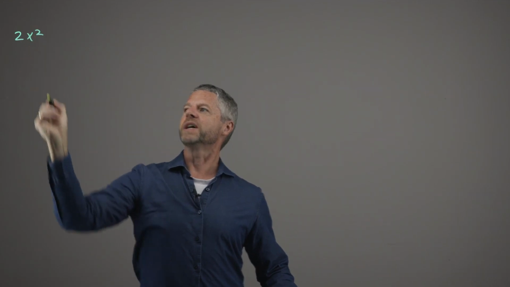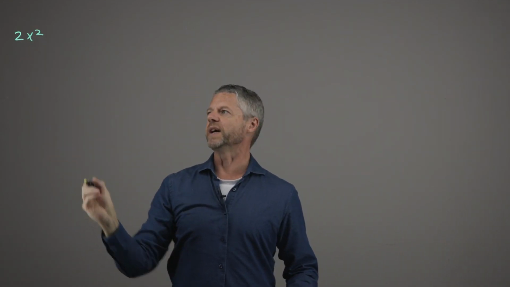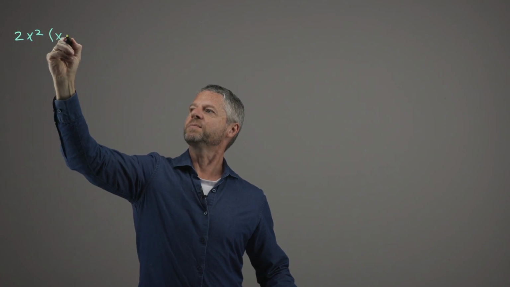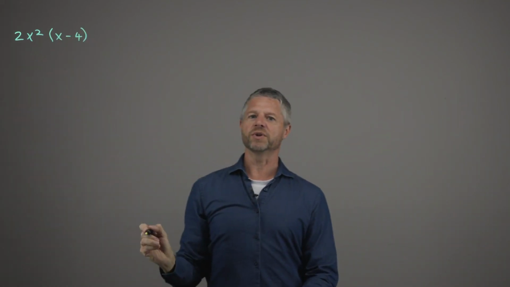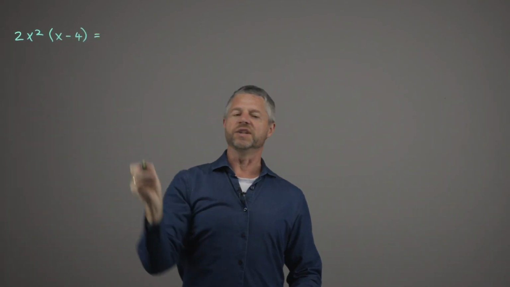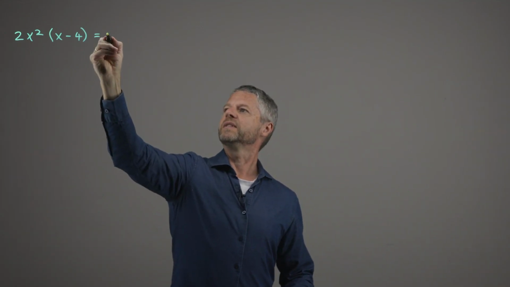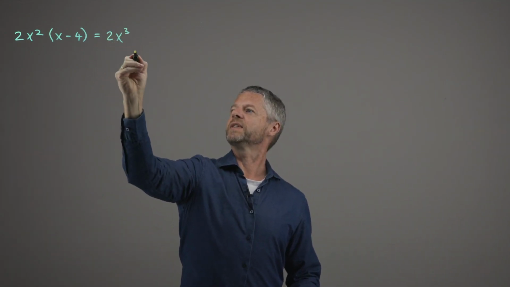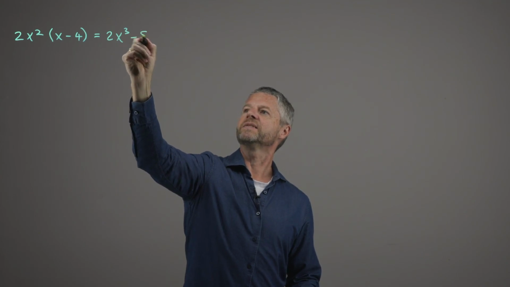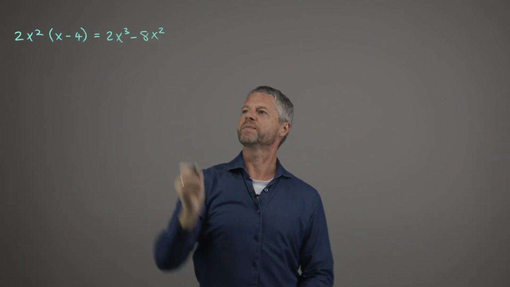As a very simple example, we could multiply this polynomial 2x squared by this polynomial x minus 4, and we end up with a new polynomial 2x cubed minus 8x squared.